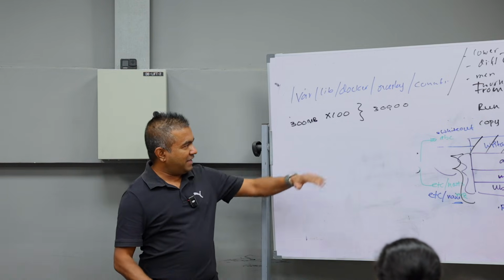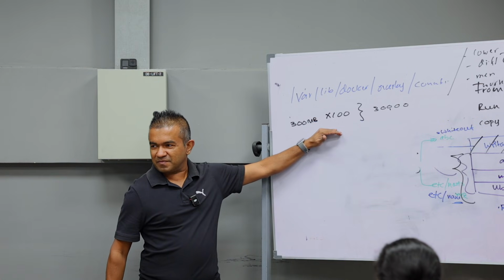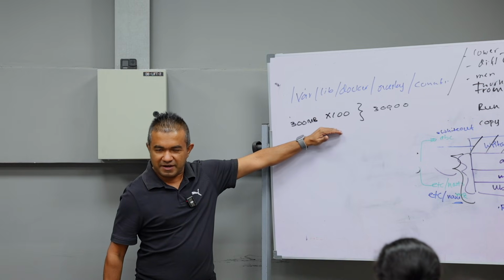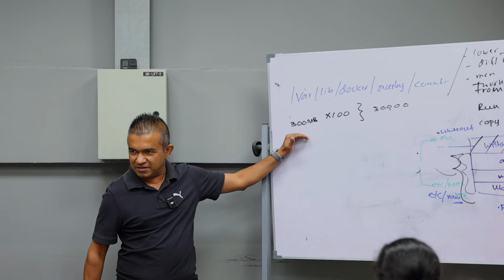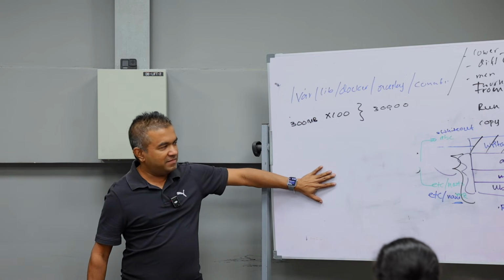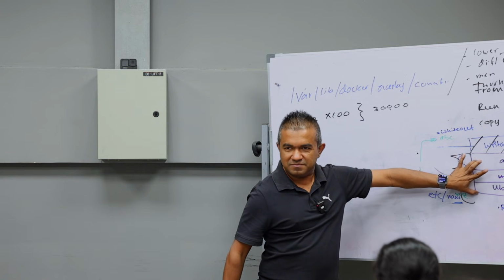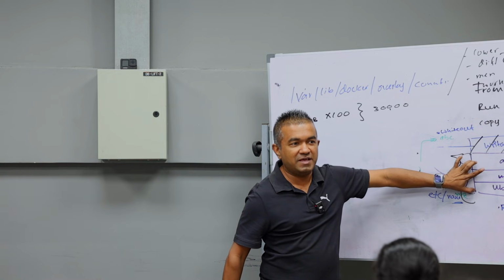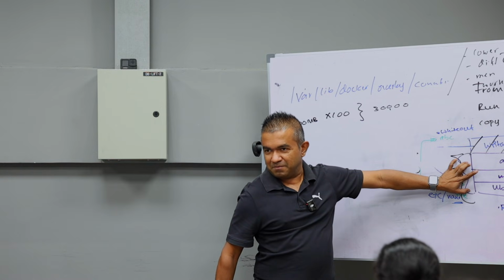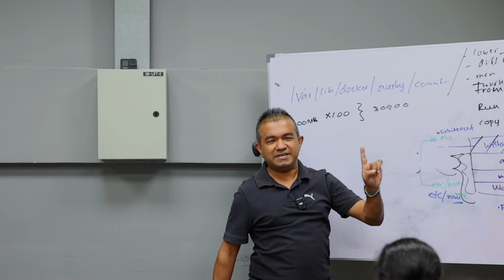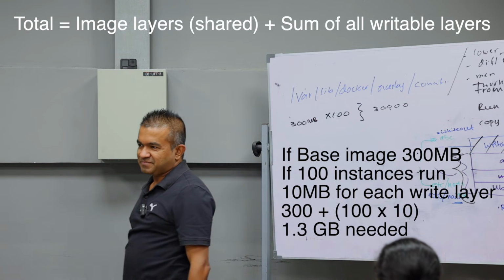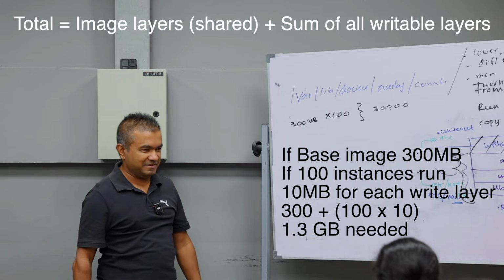If there are 100 containers running from the same Docker image on the same host, then the lower dir will point to the same location on the host. But each container will get a separate write layer.